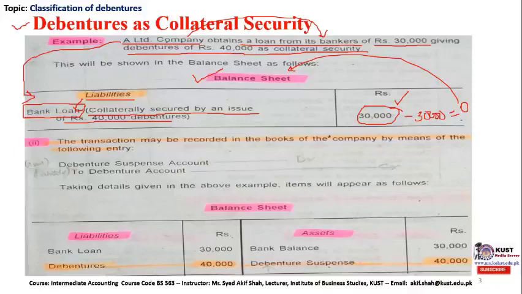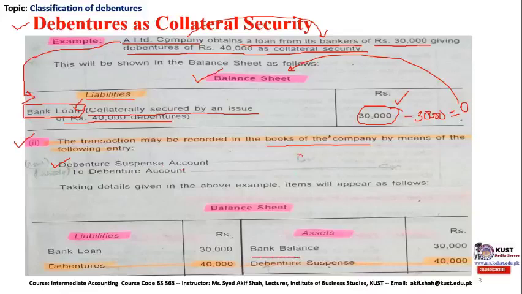So the rule says either make no entry and simply give a side note in the balance sheet of the company, or, if the company would like to make an accounting entry for this transaction, the transaction may be recorded in the books of the company by means of the following entry. The entry will look like this: debenture suspense account, which will be mentioned in the balance sheet, I'll discuss it later on.